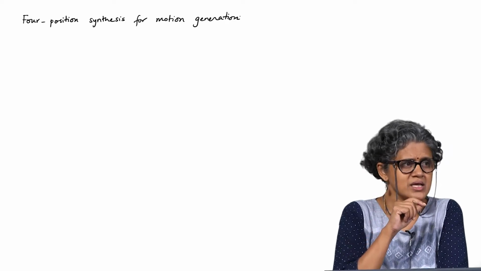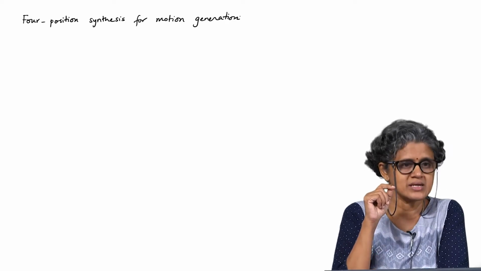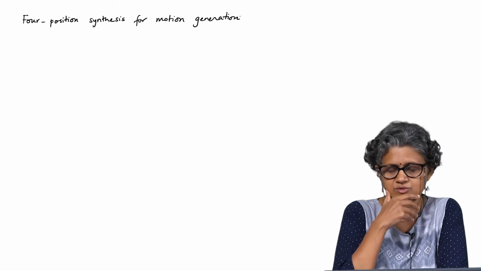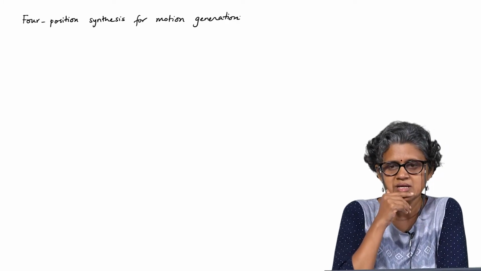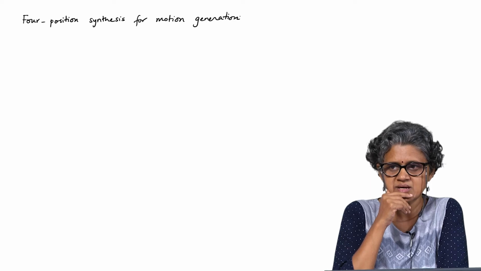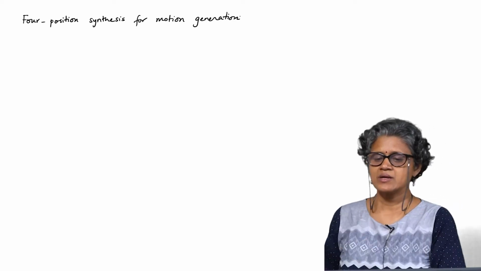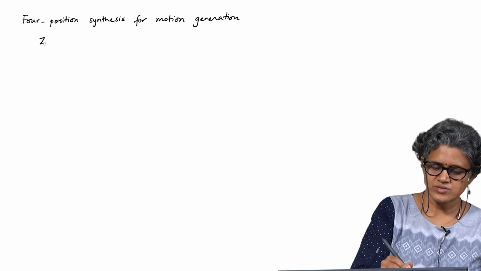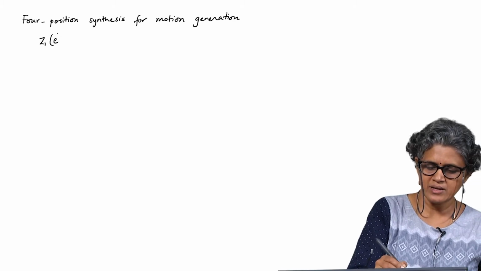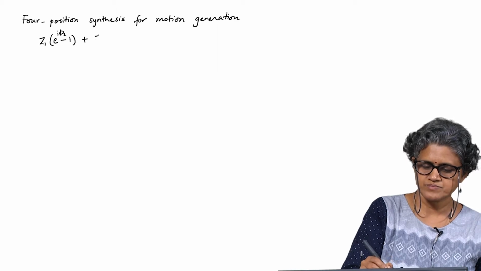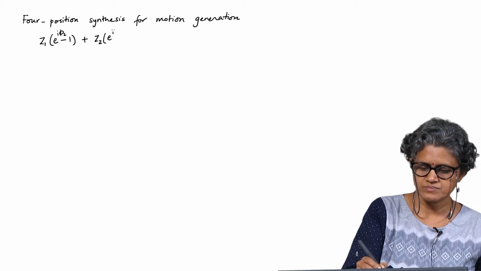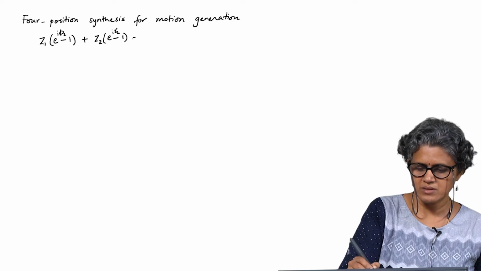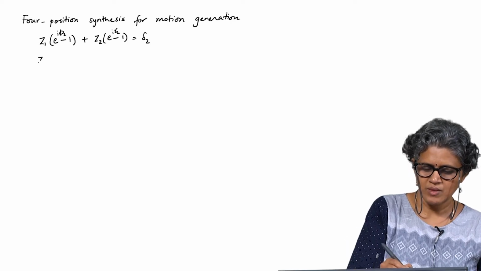But if you look at the table that we did when we looked at the Dyad synthesis method, if you look at a Dyad, e power i phi 2 minus 1 gamma 2 minus 1 equal to delta 2.